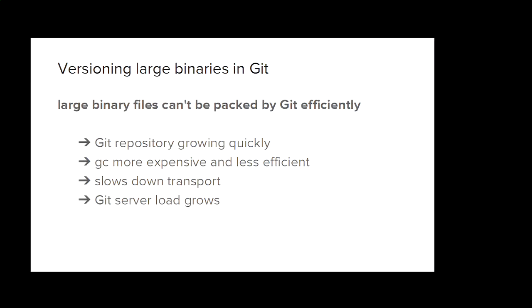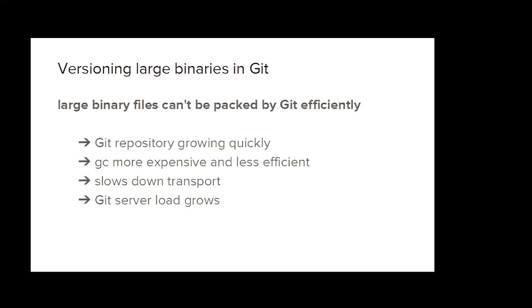Now, why this LFS extension? The main reason is that versioning large binaries in Git simply doesn't work well. All the big hosters providing public Git hosting, like GitHub or Atlassian or all the others, their main support load always came from people storing big binaries in Git, which causes all kinds of problems.